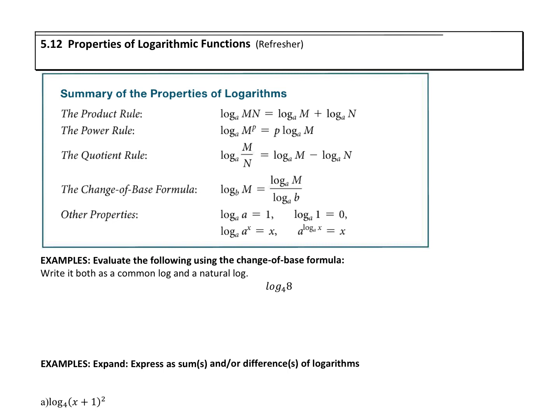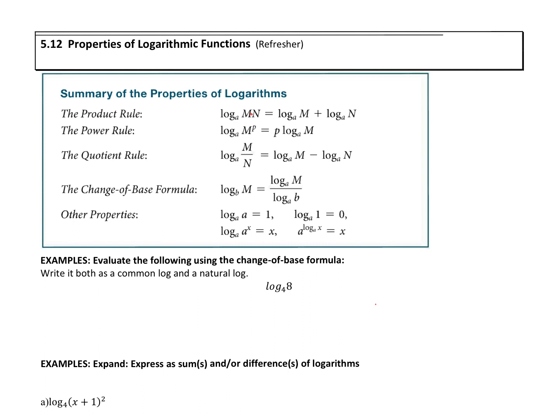The first is the product rule, which says if you have the log of a product, a multiplication, log base a of m times n becomes log base a of m plus log base a of n.